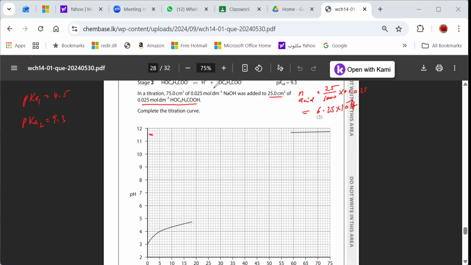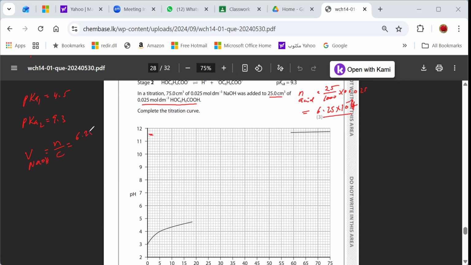And since the mole ratio is 1:1 for the first step, the first proton that went out, this means that this is also the number of moles of the sodium hydroxide, from which we can get the volume of sodium hydroxide for the first equivalence point, equal to number of moles over concentration.